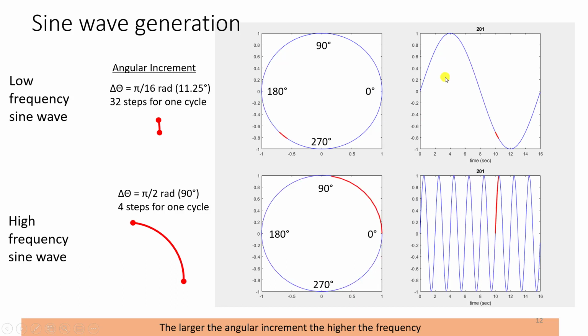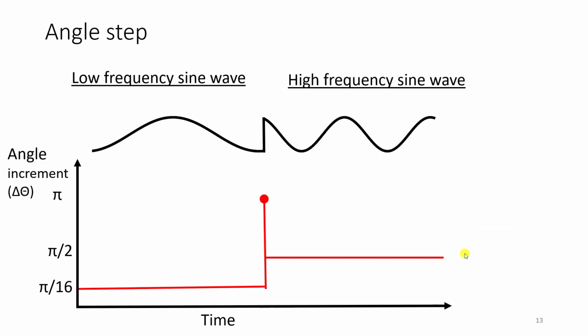Now, our goal is to be able to go with this chirp waveform from a low frequency to a high frequency without those angle discontinuities. So we can now see what's causing the problem with the angular step. Previously we had our low frequency sine wave, which was generated by a fixed step of pi over 16 radians in time, and then we had our high frequency sine wave, which was pi over 2 radians of step size in time.